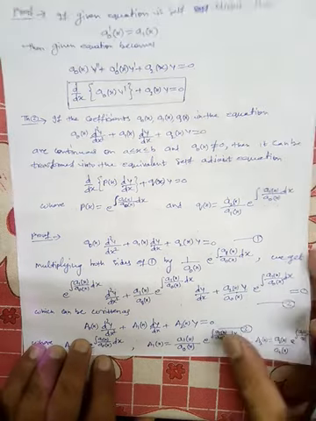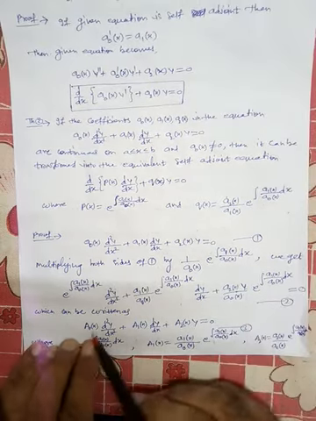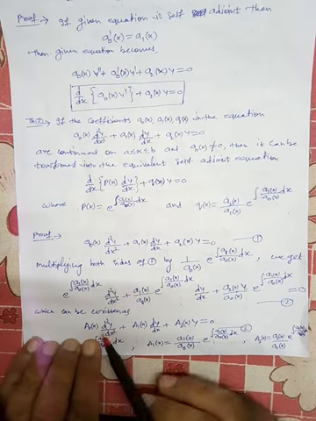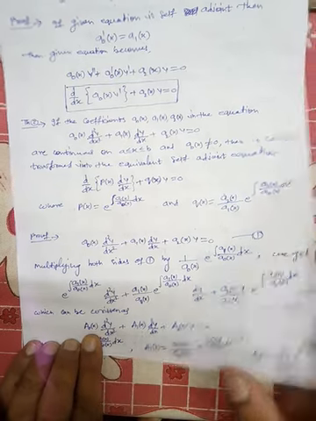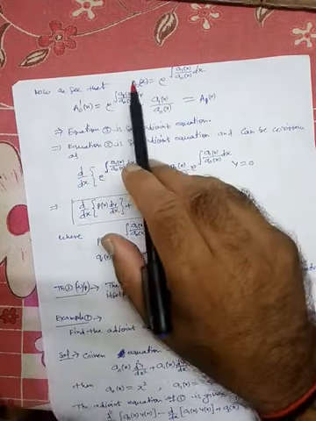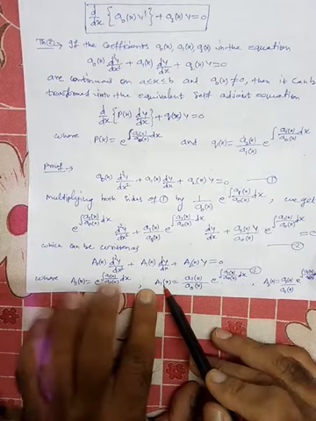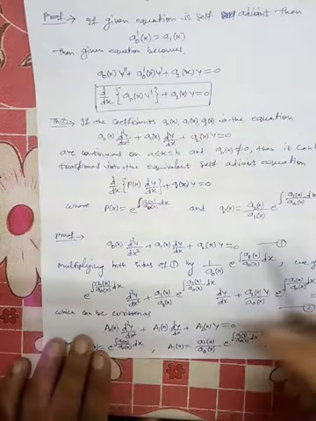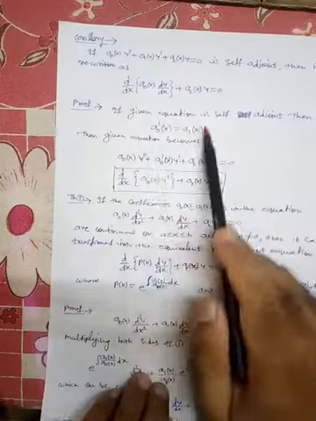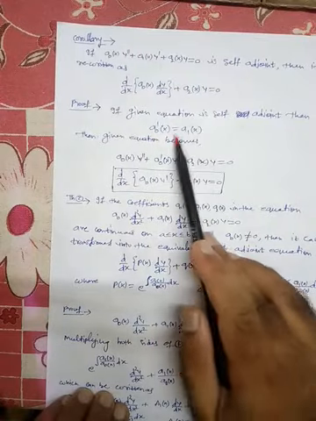Okay, now our claim is that the equation we have obtained is actually a self-adjoint equation. So now we see that a naught(x) is this part and this is your a1. So now let us check this condition. We can check this condition, a naught dash is equal to a1.